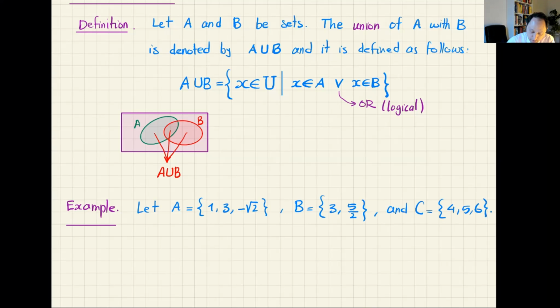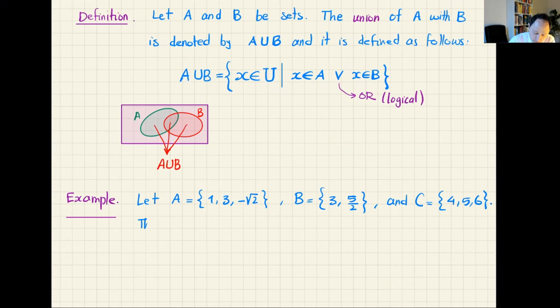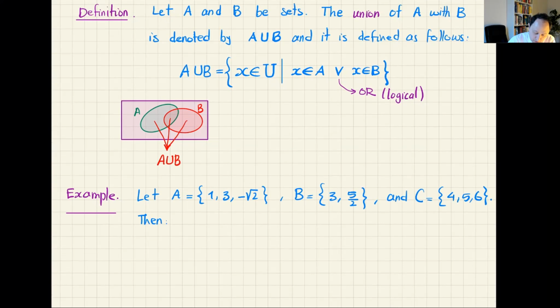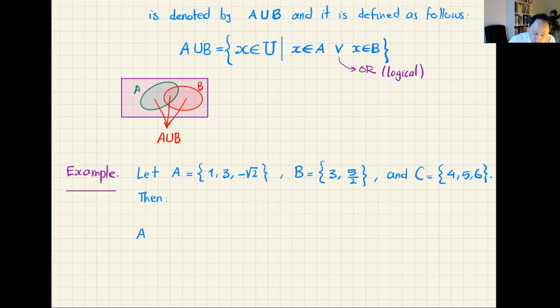Then, if I ask you what is A union B, I need to write all the elements of A and all the elements of B. I need to construct a set which includes all the elements that are either in A or in B or in both. But you need to be careful. You are not allowed to repeat an element.